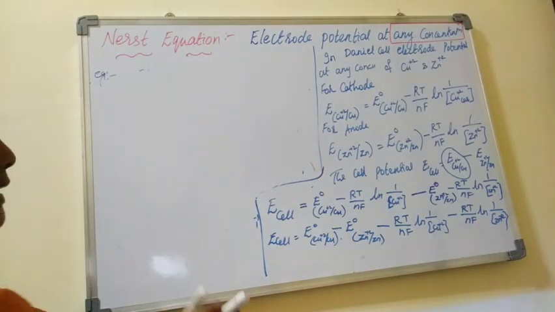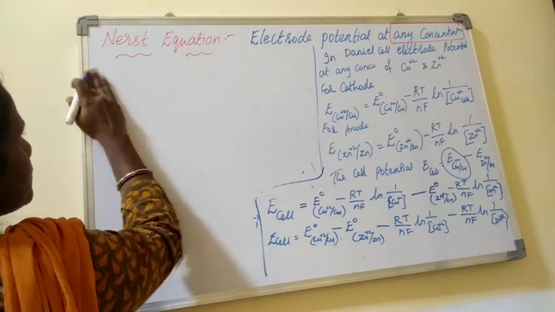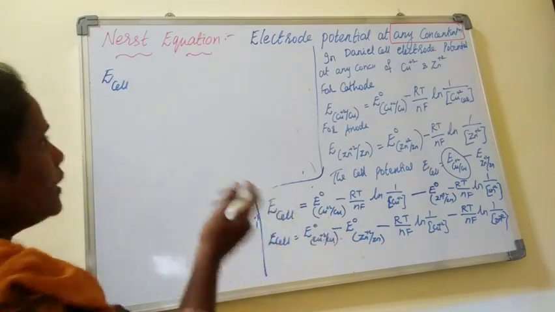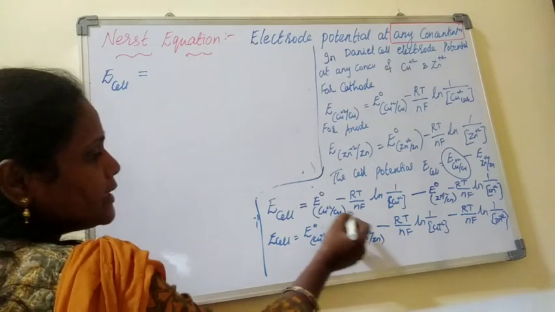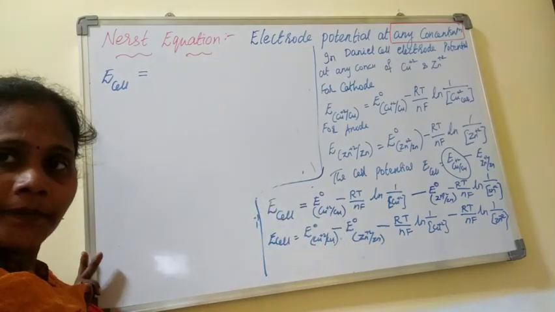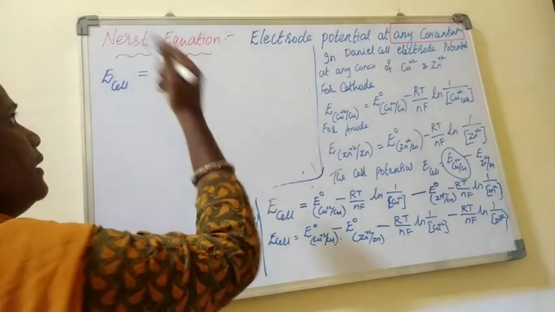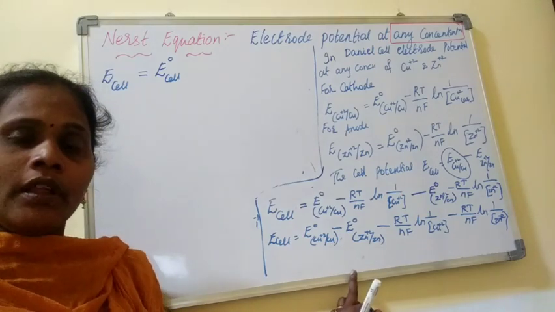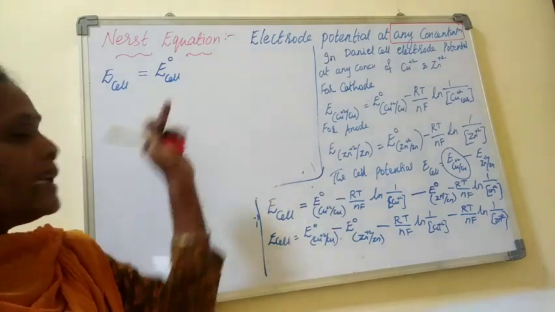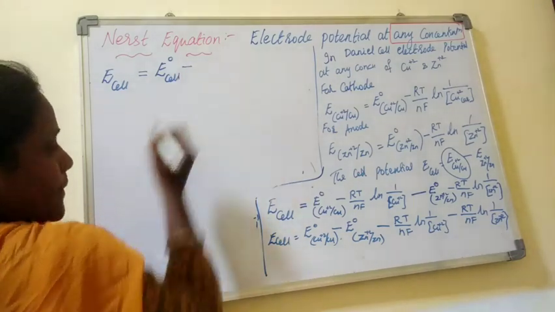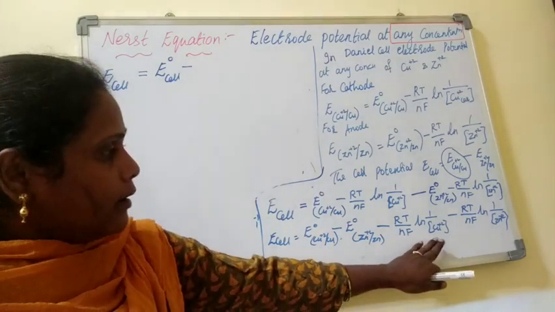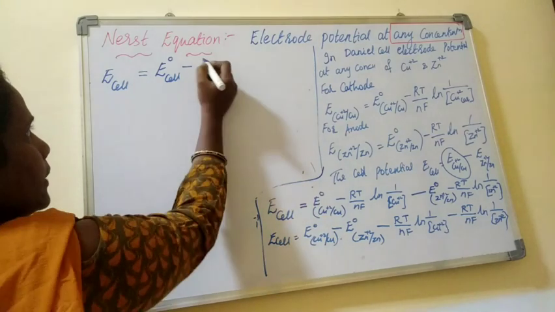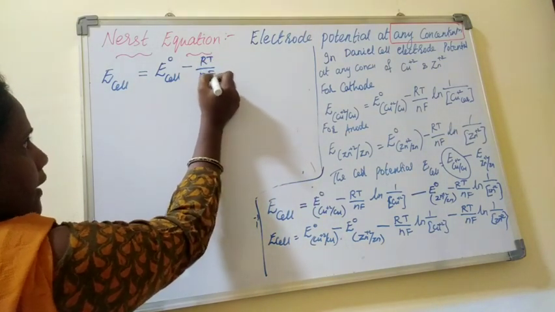Now E cell, see from here I am writing. You should not keep E naught because this is at any concentration. So E cell is equal to this, which is nothing but my E naught of the copper zinc cell, right? Therefore, may I write E naught of the cell? No need to write copper, zinc or whatever the cell I am discussing, that cell is the E naught cell. Minus, then I can bring RT by NF together.